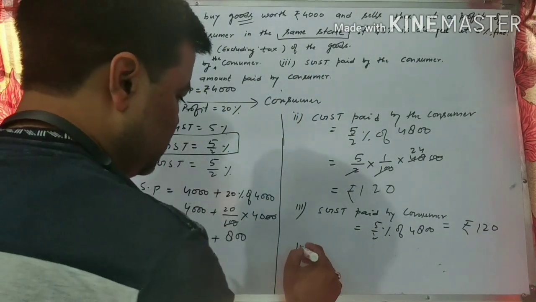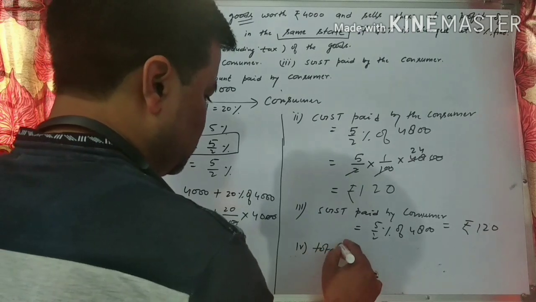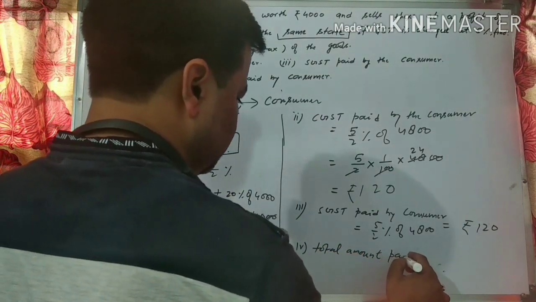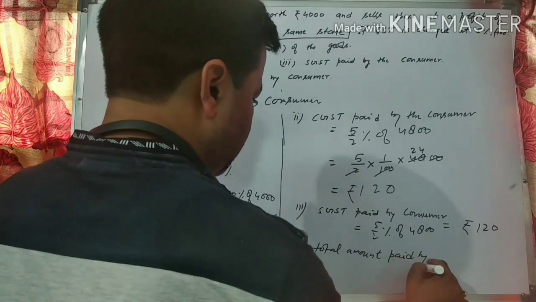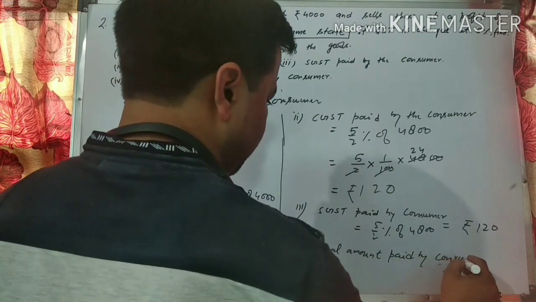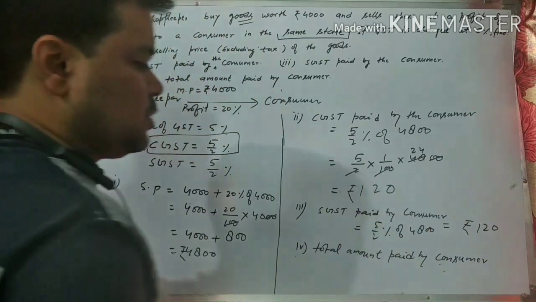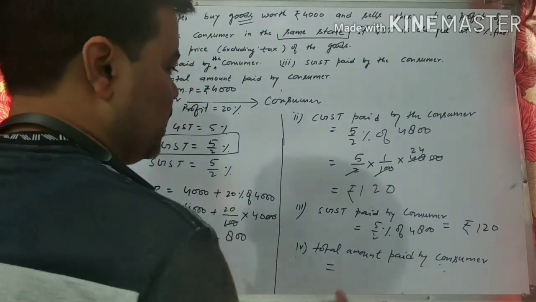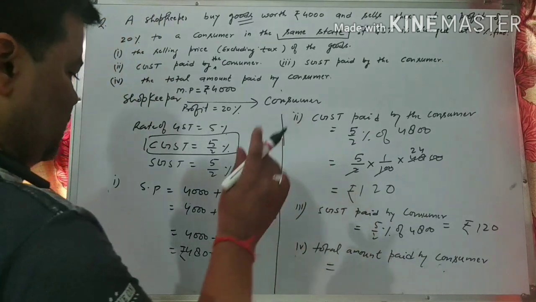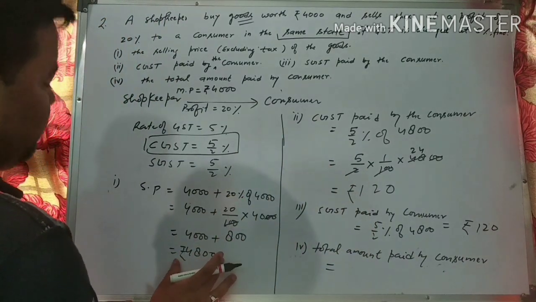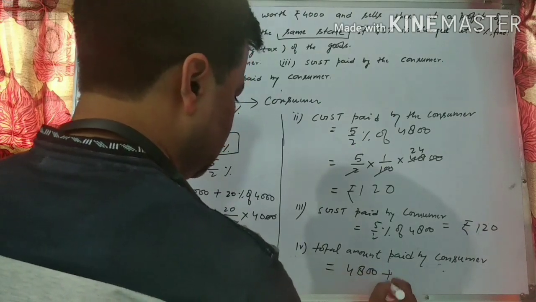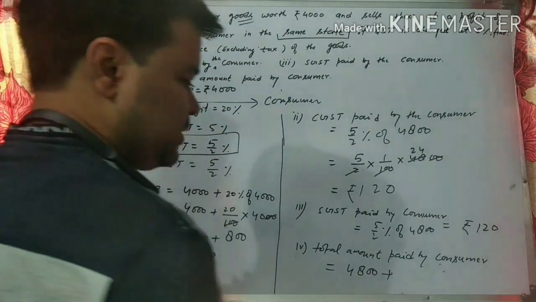The fourth one, total amount paid by the consumer. Total amount paid by the consumer is how much? That is the total cost price including the profit, that is 4,800 rupees, plus tax, GST.